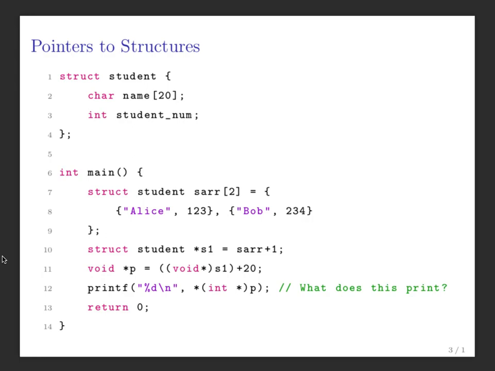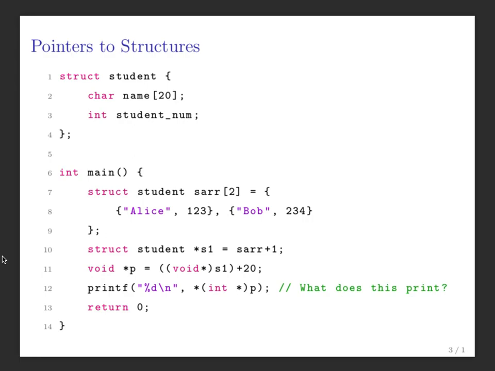Now I'm going to declare a pointer to student. I'm going to point it at the beginning of the array and add 1. So let's stop here. At line 10, where does S1 point to? Well, it's pointing to student Bob, essentially. So the pointer is right at B.